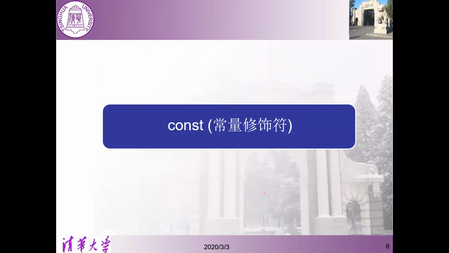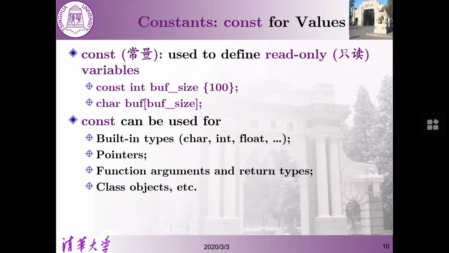Now we learn something related to const. Const is a substitution of macro, actually. So const is a new keyword in the C++ language. Actually, in the C programming language, there's no const.